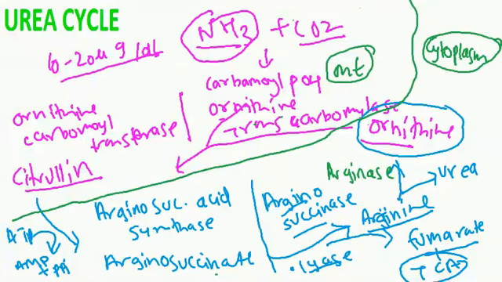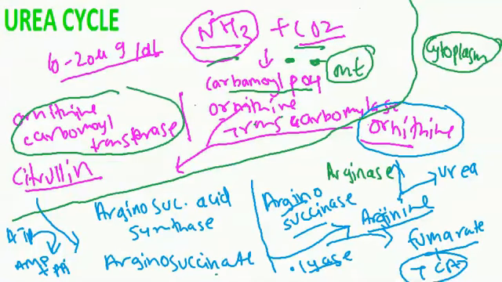A quick recap: the ammonia and carbon dioxide are reacted by the carbamoyl phosphate synthase, and then carbamoyl phosphate is formed. This is the rate limiting reaction here. Then carbamoyl phosphate and ornithine from the cytoplasm give citrulline, and the enzyme acting here is ornithine carbamoyl transferase or ornithine transcarbamylase.